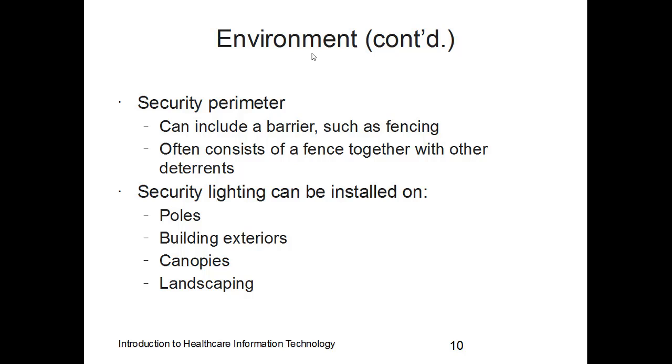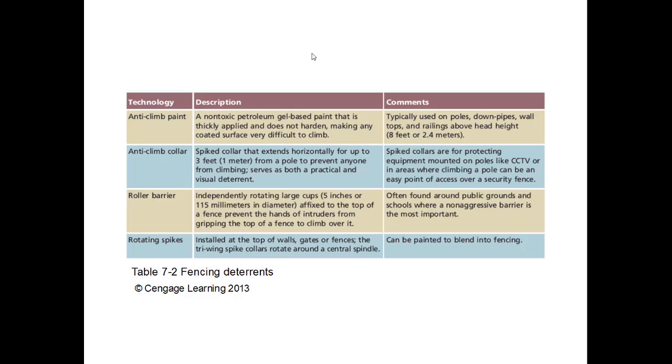When it comes to security lighting, these can be installed on poles or building exteriors or canopies or landscaping around a facility. On this table, we have some examples of fencing deterrents that could be used, whether it be anti-climbing paint, an anti-climb collar, a roller barrier, or rotating spikes. And all of these are going to be additional deterrents on top of just the traditional fencing that will help limit access of any unauthorized people into a facility.